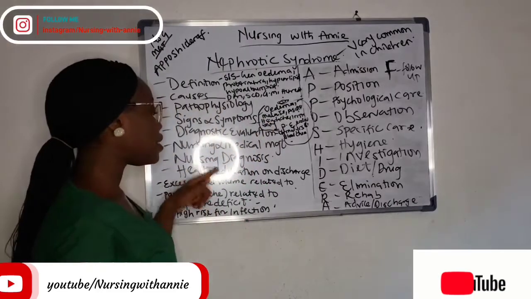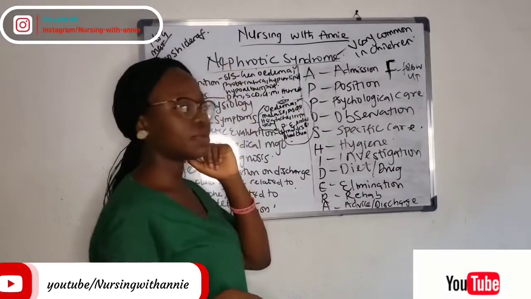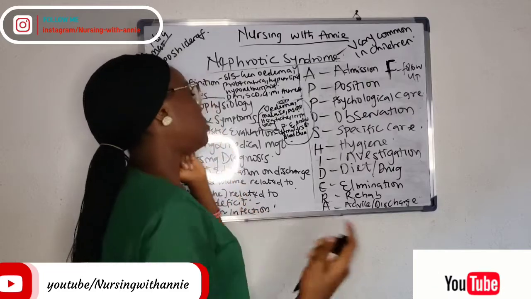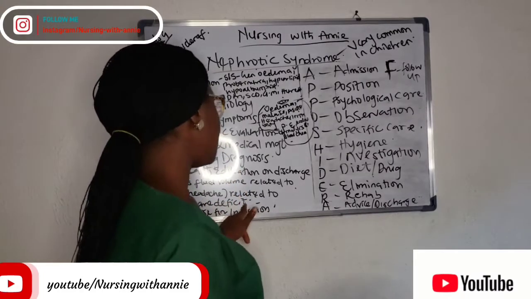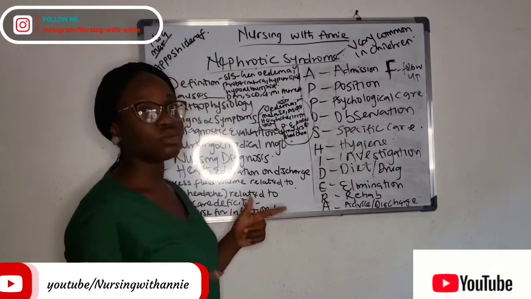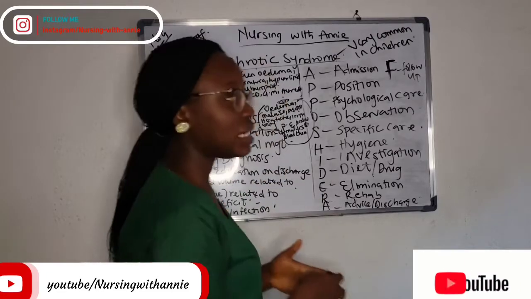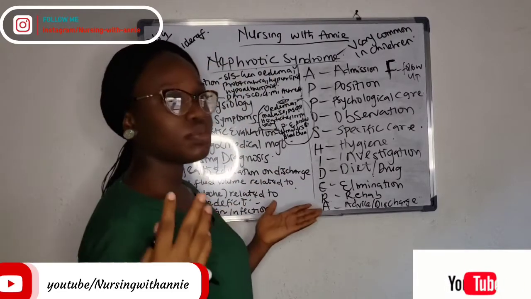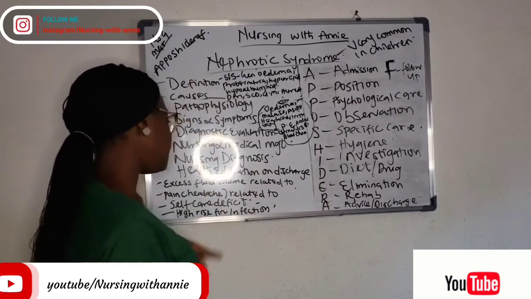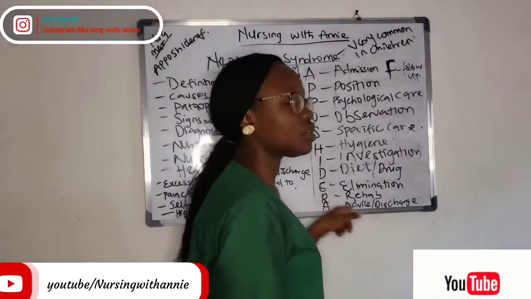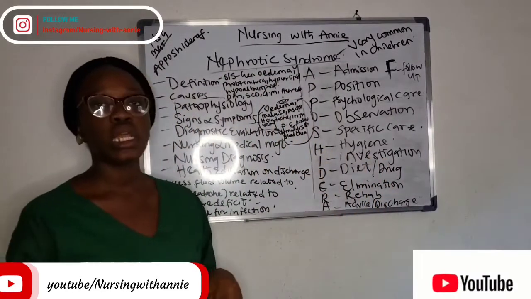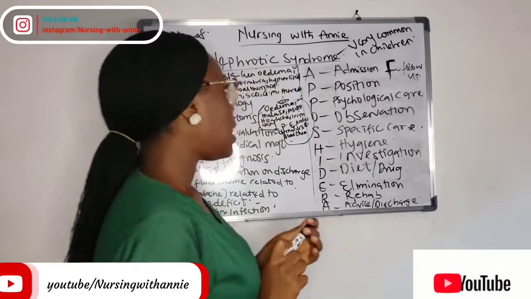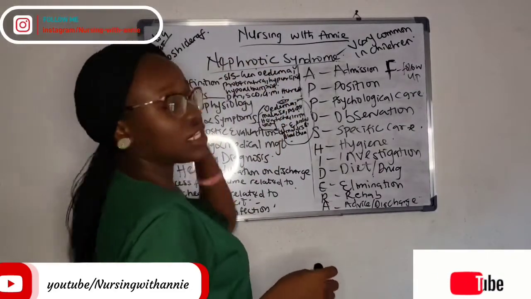Then you also have self-care deficits. Reason is because this patient will be so weak, there will be general malaise. So the self-care deficits will be related to what? General malaise, evidenced by inability to perform activities of daily living. We also have high risk for infection due to immunosuppression in this patient. So that's that for nephrotic syndrome.